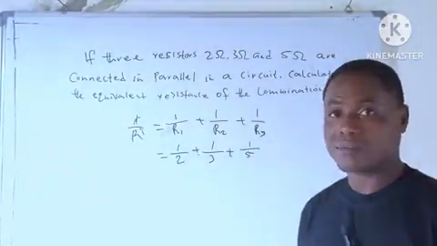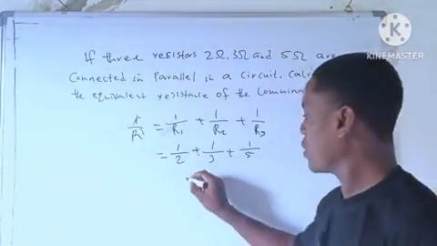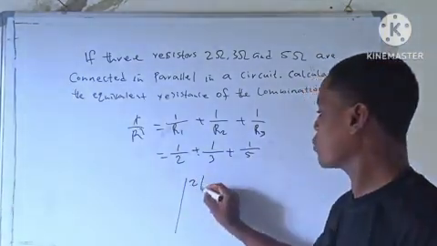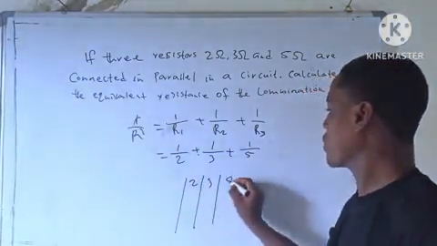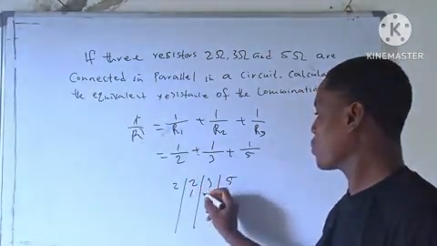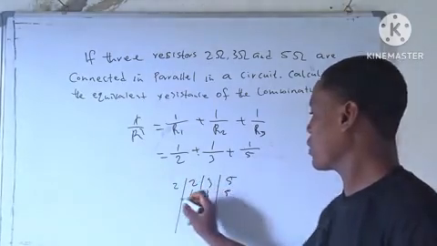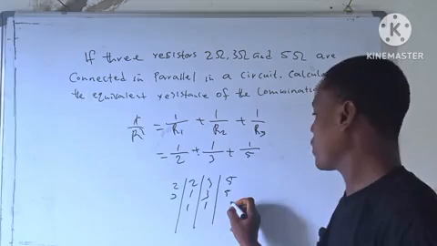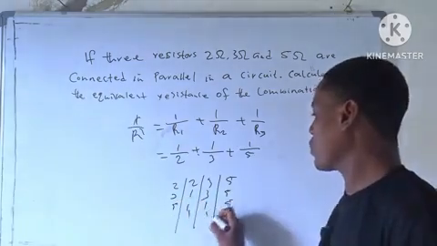You know how to find LCM now, isn't it? Okay, let's do it this way. We have 2, 3, and 5. What can go? 2 can go, right? 2 into 2 is 1. 2 cannot go into 3 and 5. What can go? 3 can go, 1, 1, 5. What can go? 5 can go, 1, 1, 1.